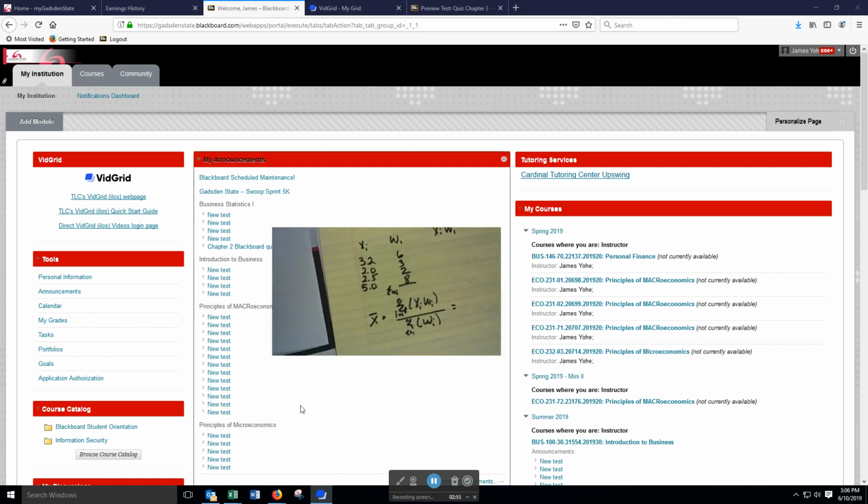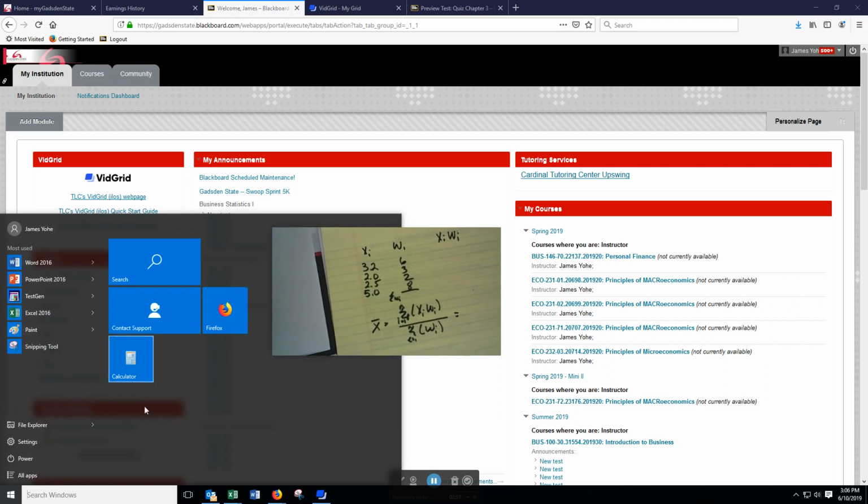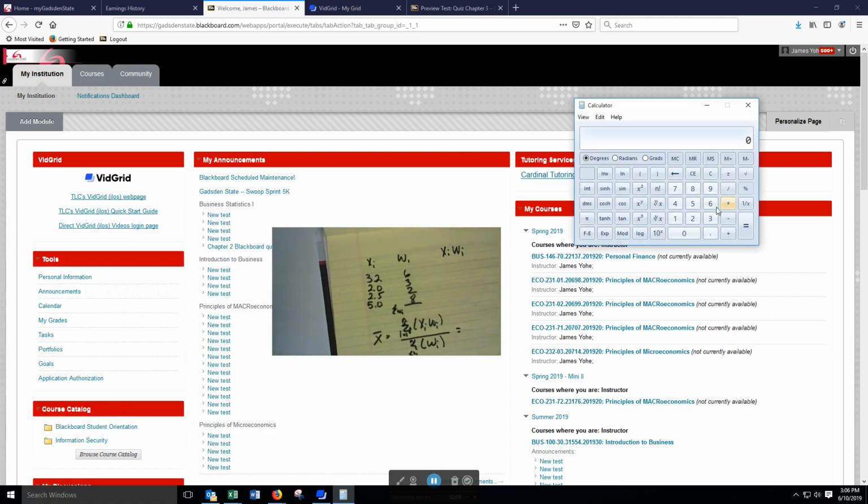So starting with 3.2, got my calculator here, 3.2 times 6, that is equal to 19.2. Next, I've got 2 times 3. I'm pretty good with math.